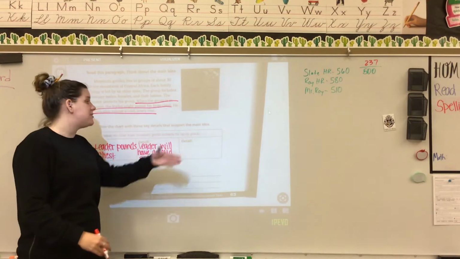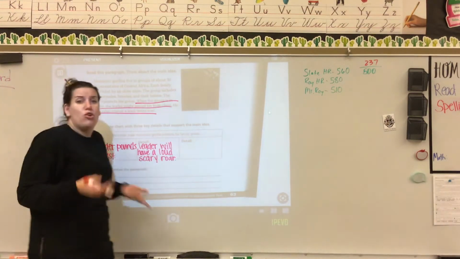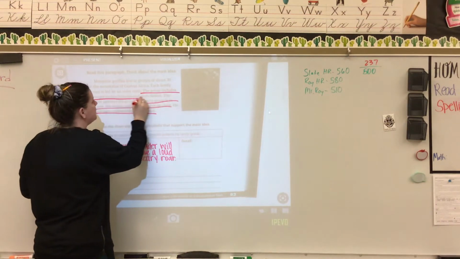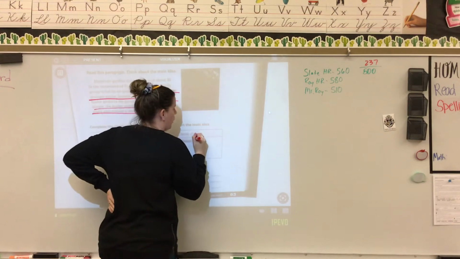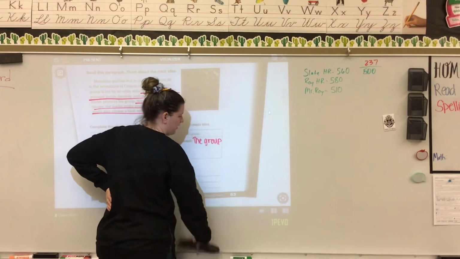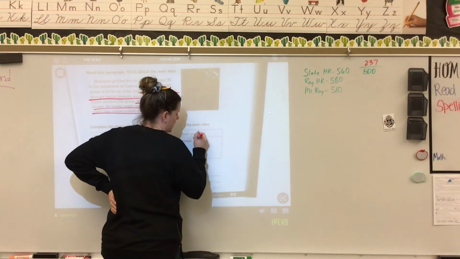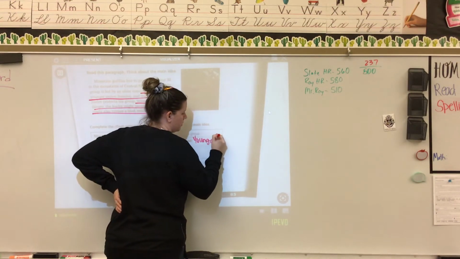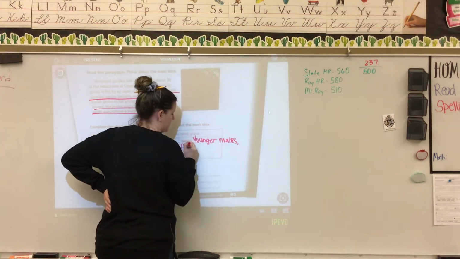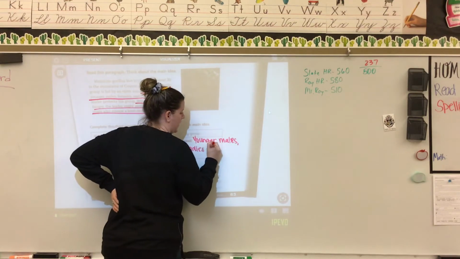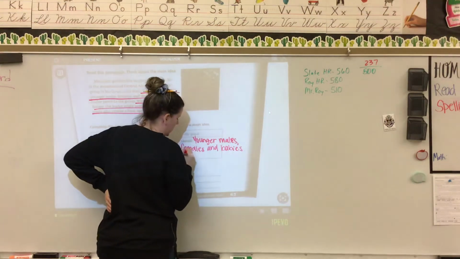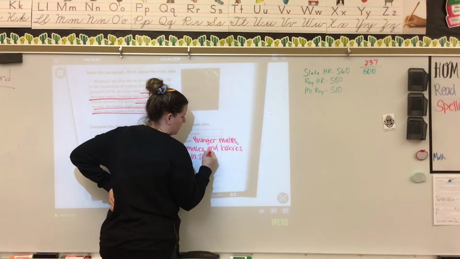I think the other detail that they want you to have is who is his family group. And it says the group includes younger males, females, and their babies. So let's say this: younger males, females, and babies are in the group.